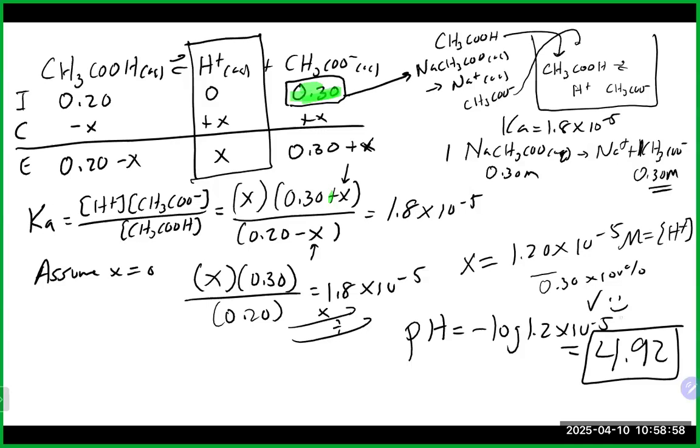With the presence of the common ion, our pH actually goes up and our H plus concentration goes down, which is what we would expect to happen because once again, with the presence of this common ion, Le Chatelier's principle is going to push the equilibrium back that way. The result of that is the H plus concentration should go down and the pH should go up. And that is what we see here in this case with our numbers. Any questions on that there? Okay.